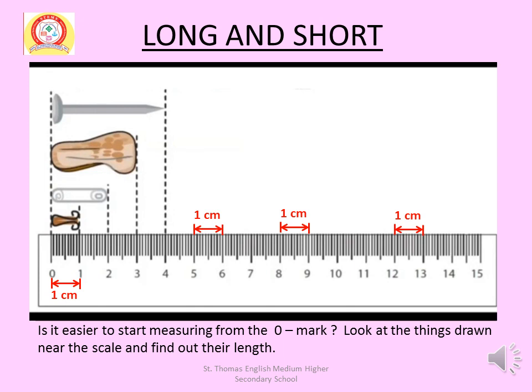Now, we will measure the length of the objects drawn near the scale. All the objects here are measured starting from the 0 mark. The nail measures 4 centimeters because its right end aligns with the 4 mark on the scale.